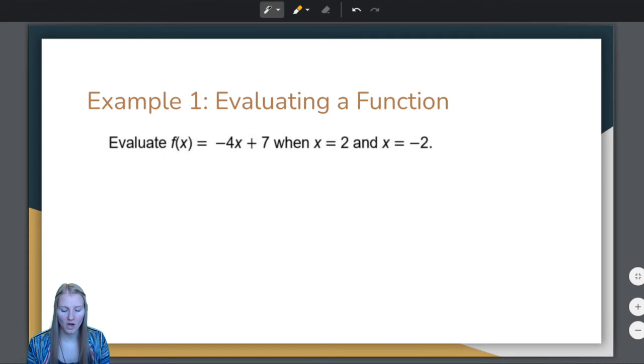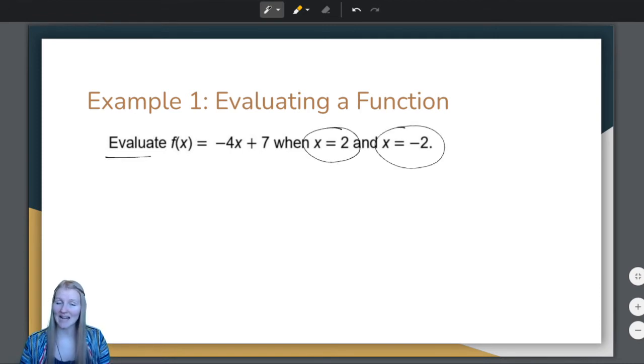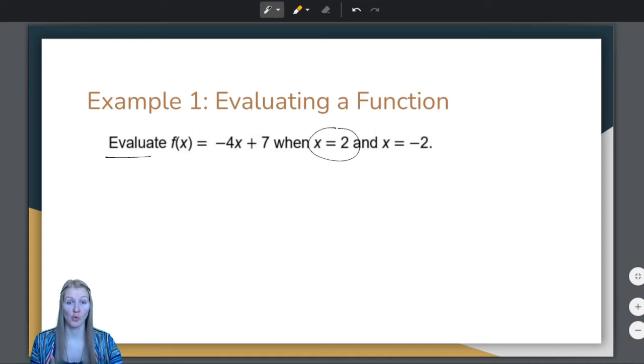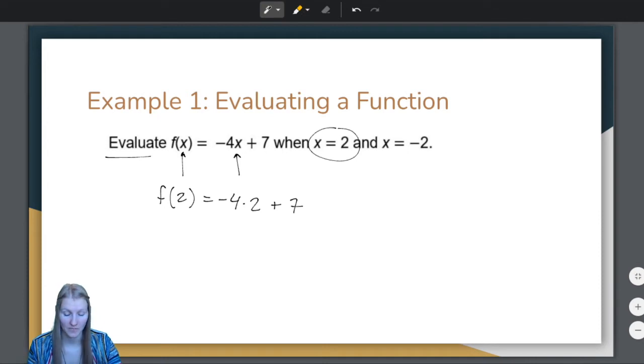So, we want to evaluate f of x when x equals 2 and x equals negative 2. So here's what we're going to do. If x is 2, then instead of writing x, I can write 2. f of 2 equals negative 4 times 2 plus 7. And I like to put parentheses around the x's.